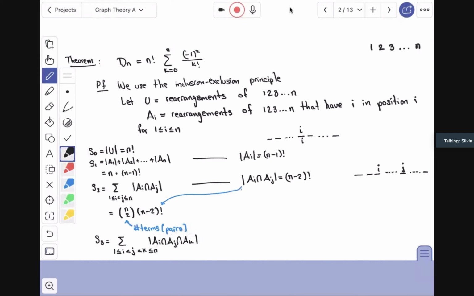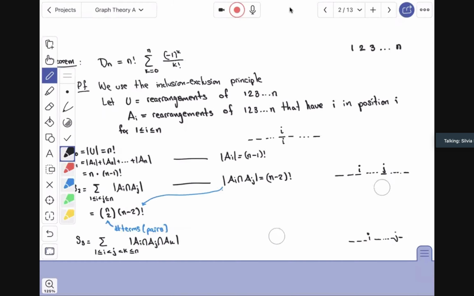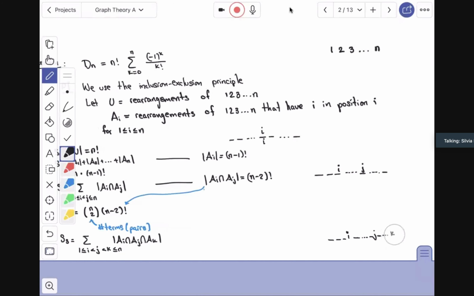AI is the set of rearrangements that fix I in its original position, AJ fix J, AK fix K. So now I'm going to have the I fixed, the J fixed, and the K fixed. And as you can see, I'm going to end up with only n minus 3 elements that have to permute. So the intersection of this is just n minus 3 factorial.